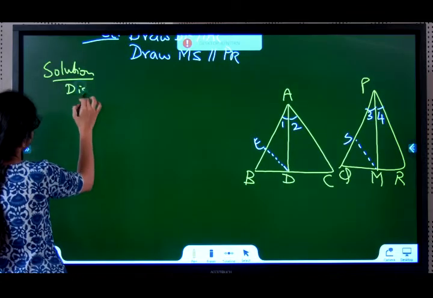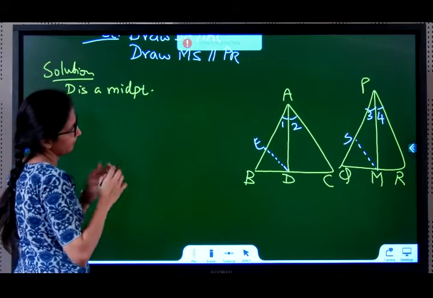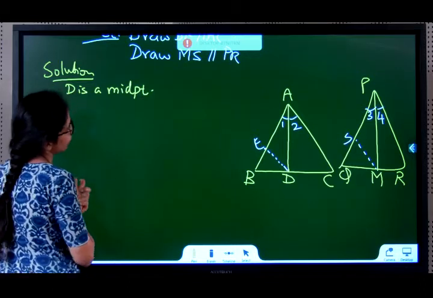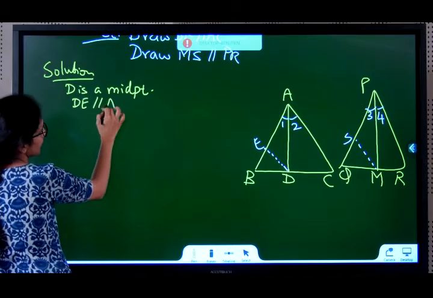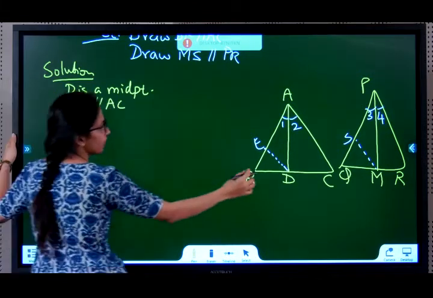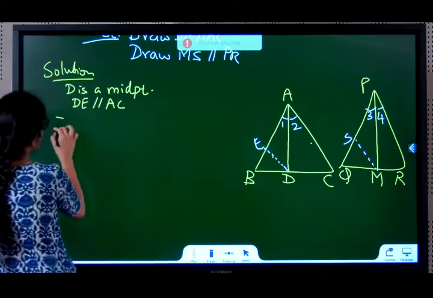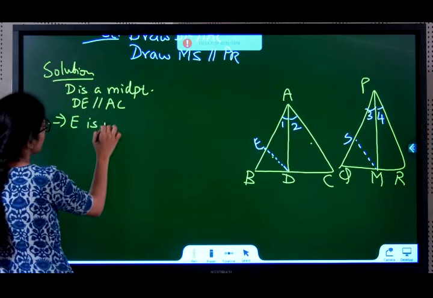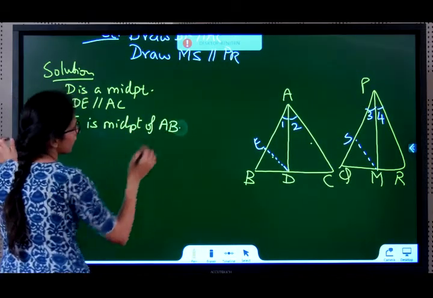D is a midpoint. So D is a midpoint and DE is parallel to AC. So from here D is midpoint and this is parallel to this. So this will imply E is also the midpoint of AB. Why?